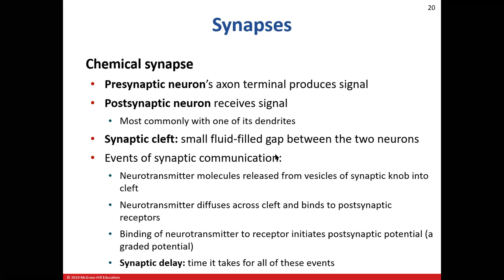The neurotransmitter molecules are released from the vesicles of the synaptic knob into the cleft as a response to an action potential that arrived at the presynaptic axon terminal. The neurotransmitter then diffuses across the cleft and binds to the postsynaptic receptors, which are called ligand-gated receptors. The binding of this neurotransmitter to the receptor then initiates a postsynaptic potential, which we know as a graded potential.